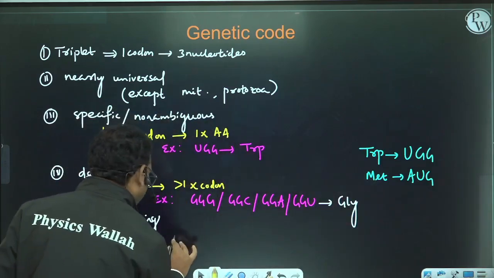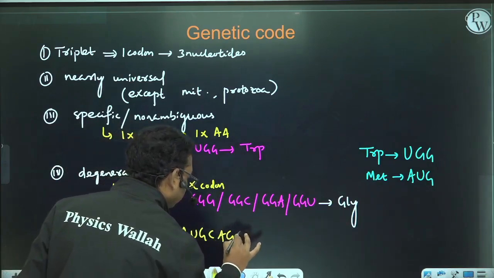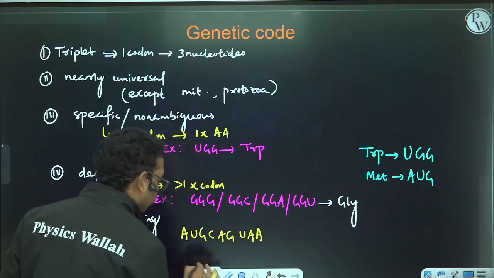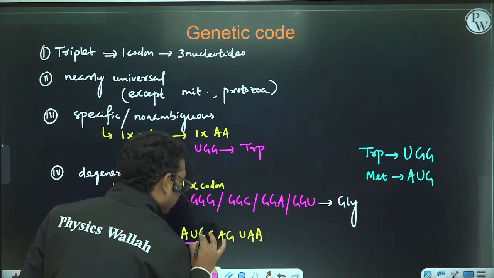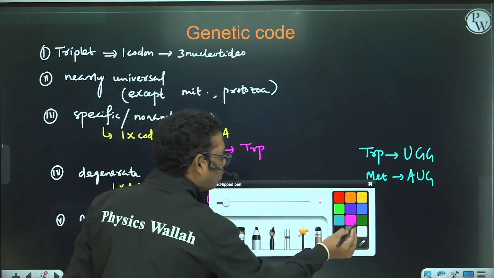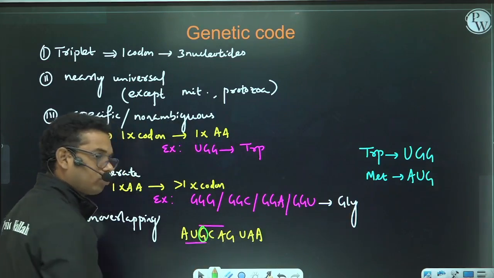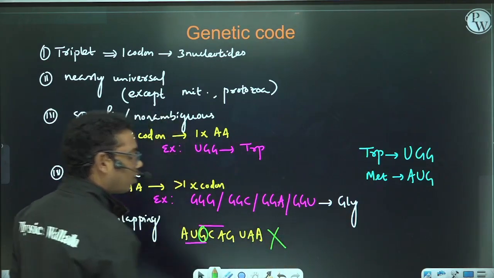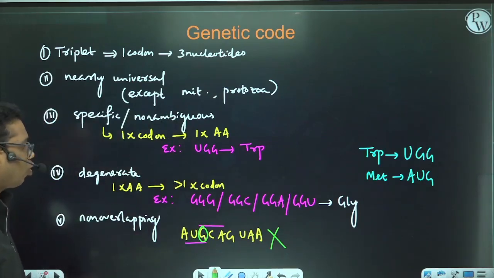Suppose this is one codon and this is the second codon. In this case, this nucleotide is a component of this codon and this codon. So this is overlapping, and this is incorrect. They are never overlapped.